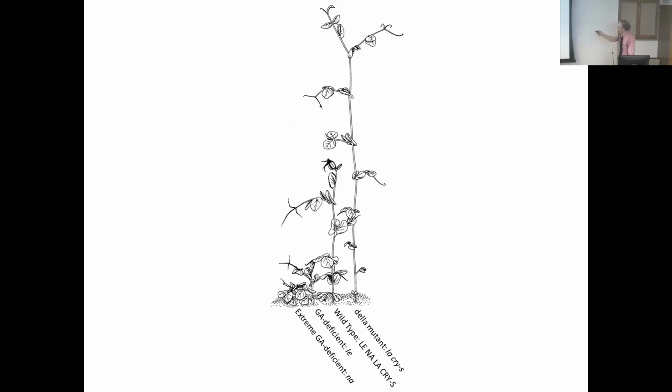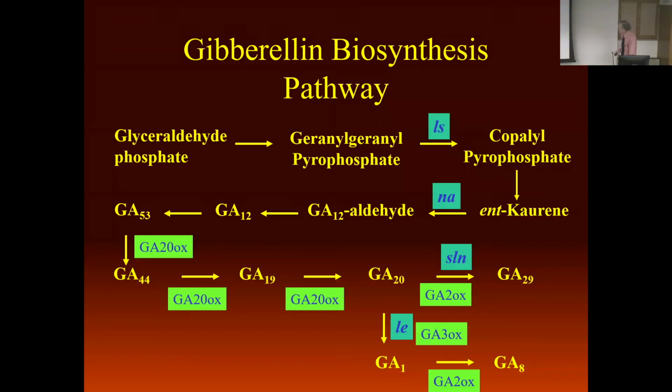And we now know all the controls in this system. So here are some of the gene symbols. And these, the lighter green, are the names of all the enzymatic steps.